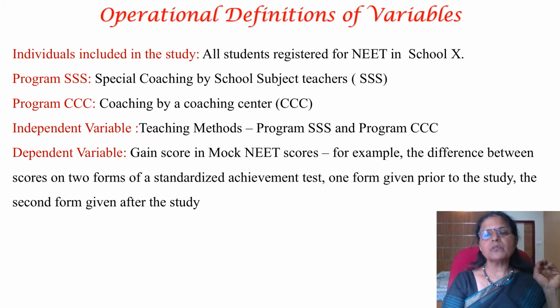Now coming to the most important part of this topic, the operational definition of a variable in a research study. We all know what a definition is. It is the description or the exact meaning of a word or an idea. Now tell me, what is an operational definition?